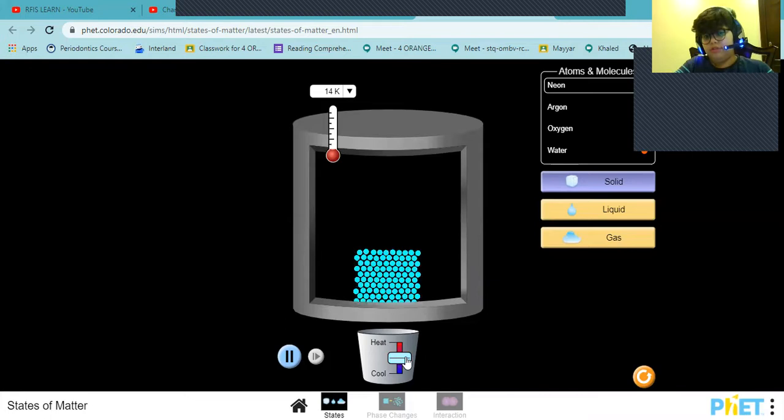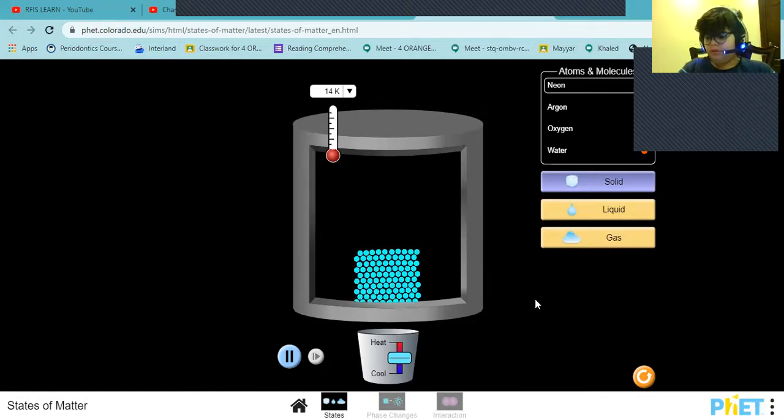Like we said in the last video, solids are really close together, and the attraction force between the particles is very strong. A solid has a definite shape and a definite volume. You took an example of a skateboard: if you move it from one location to another, it will not change in size or shape.